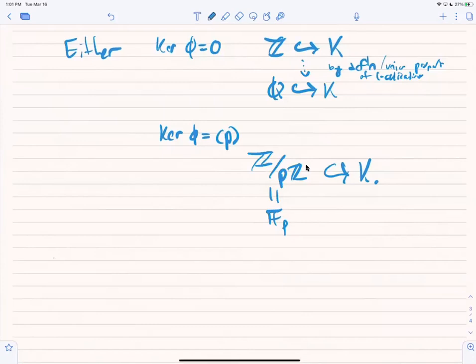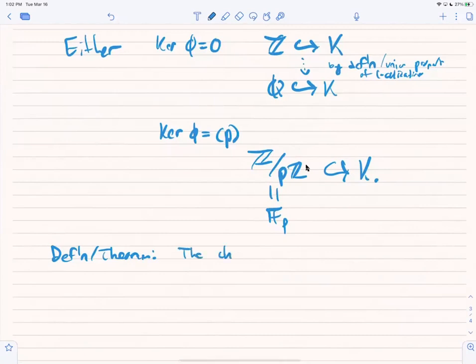Here, let me state this definition/theorem that we've essentially proved.